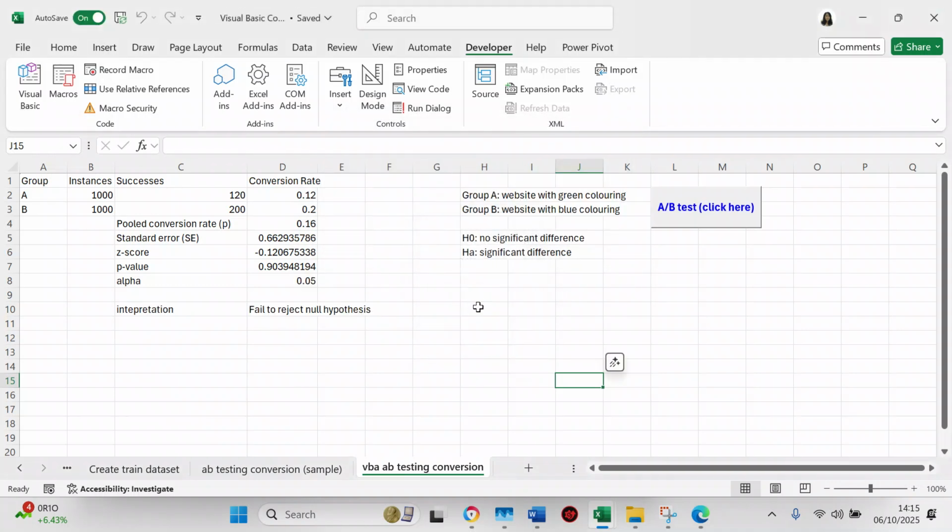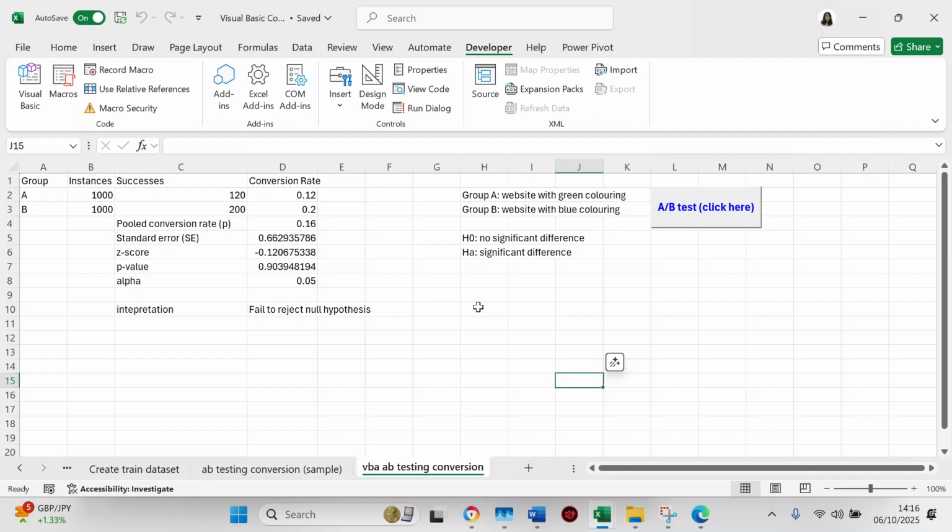Basically, you're going to fail to reject the null hypothesis because you had a conversion rate for Group A of 12% and a conversion rate for Group B of 20%. The pooled conversion rate is 16%. Standard error is 0.66. Z-score is negative 0.12.